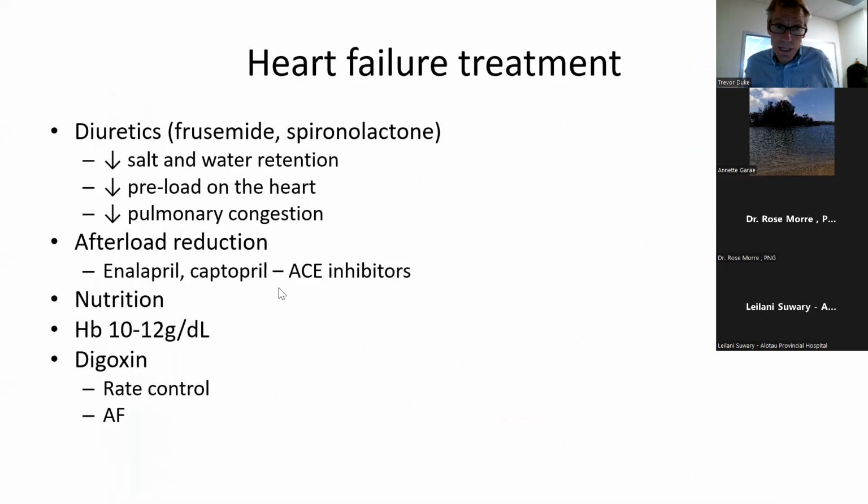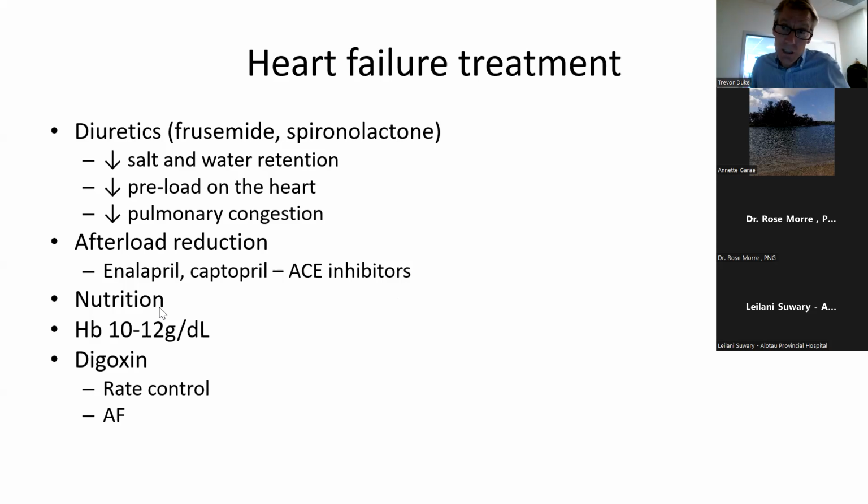And so giving enalapril or captopril will cause vasodilatation, so reduced afterload on the heart. If you cause vasodilatation, the heart doesn't have to do too much work to pump blood around the body. Whereas if you've got intense vasoconstriction, then the heart has to do a lot more work, and it'll go further and further into heart failure because the muscle will fail.